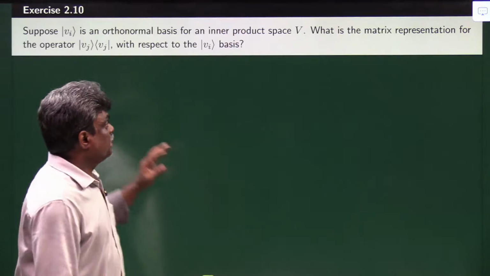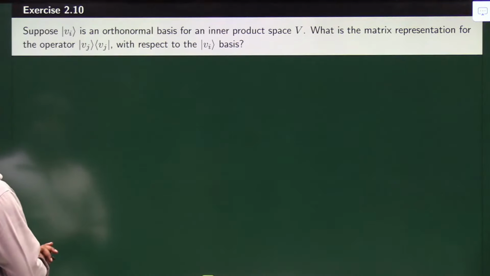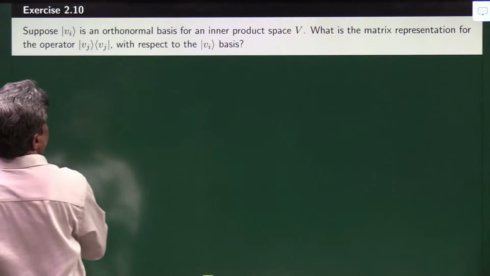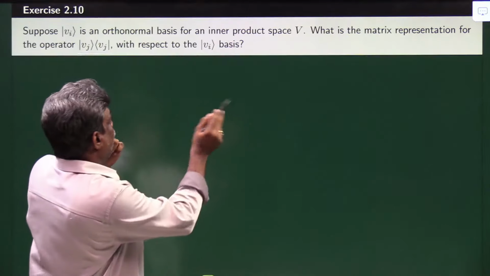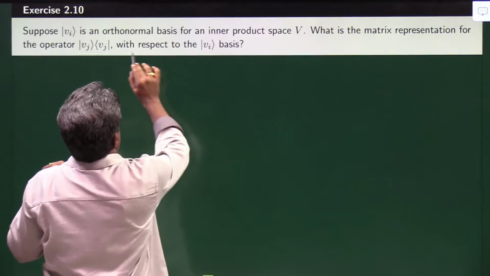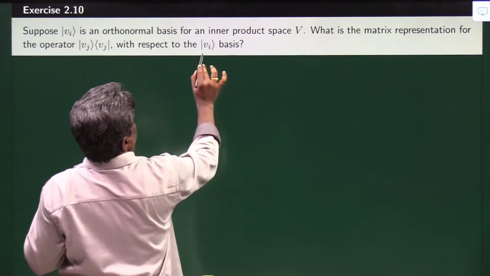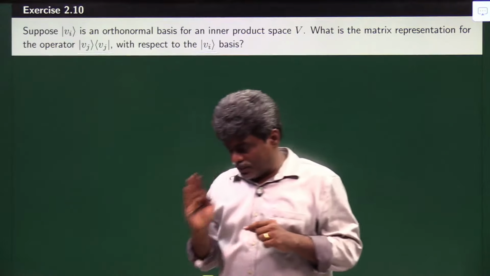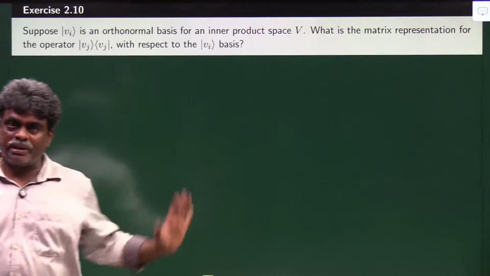Right. So here this is the next question, and here they are asking for this outer product |vj⟩⟨vj|, we want to represent this in the basis of |vi⟩. Remember one thing, whenever you are changing the basis, always use the completeness rule.